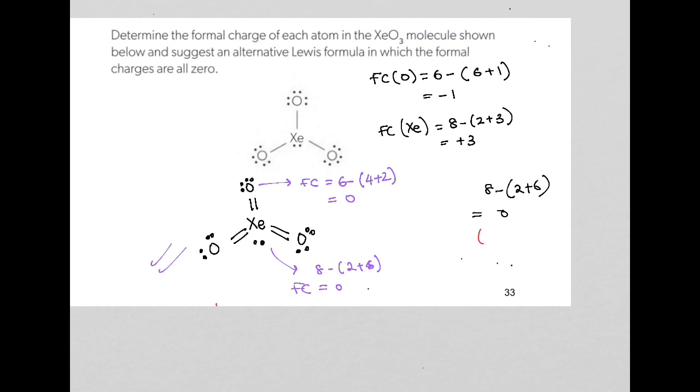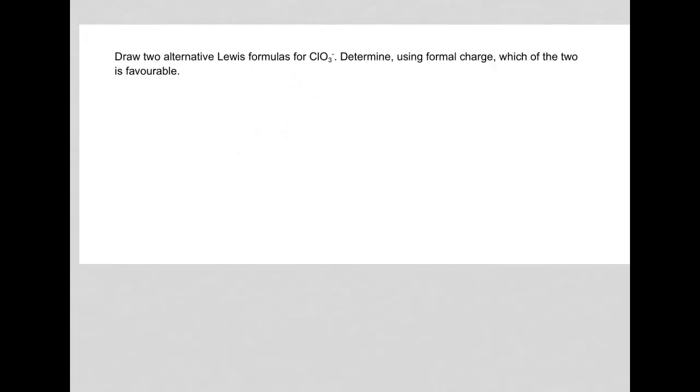It's an alternative structure. This is the last question, and we'll have to find 2 possible structures for ClO3 minus. I'm going to start by doing Lewis structures normally, and then I'm going to find an alternative one. So I have 13 electron pairs that I will place around the Cl, which is the central atom, like this, and 1 bonding pair.